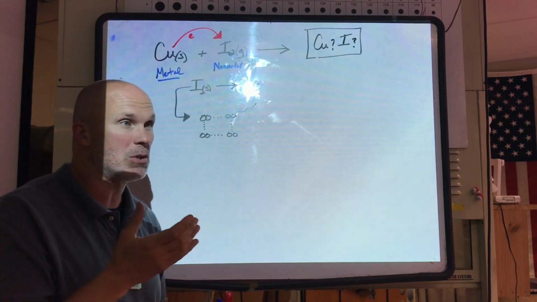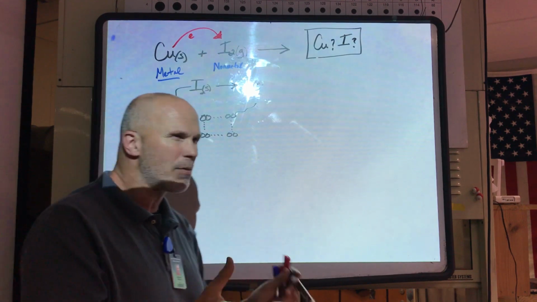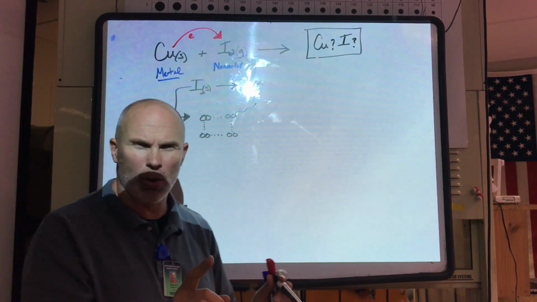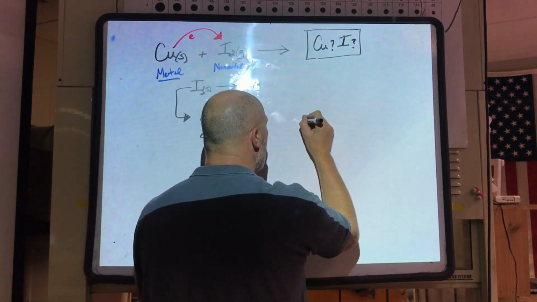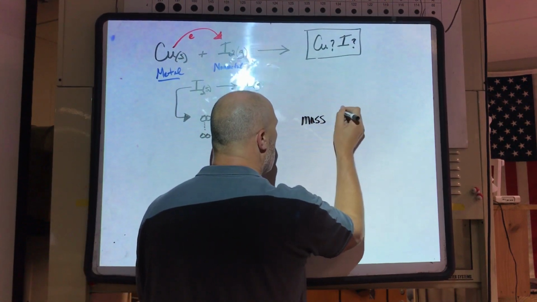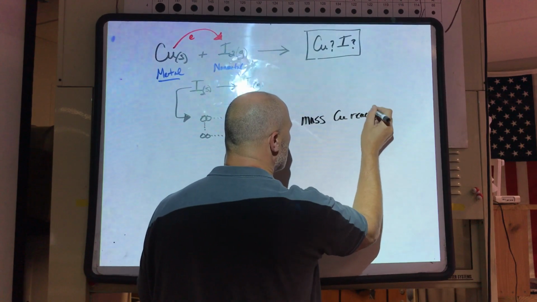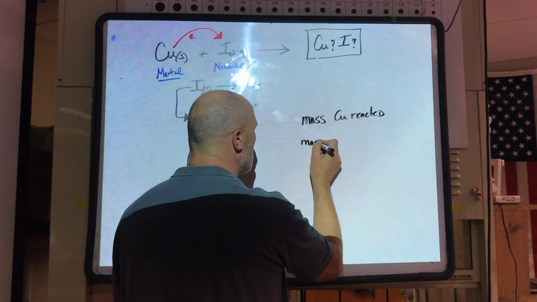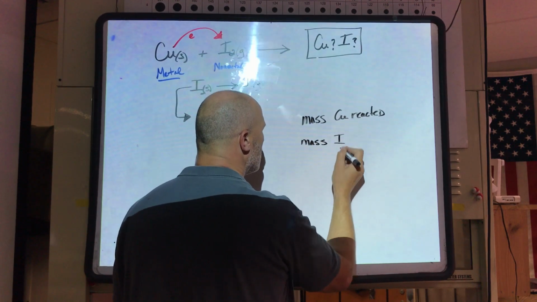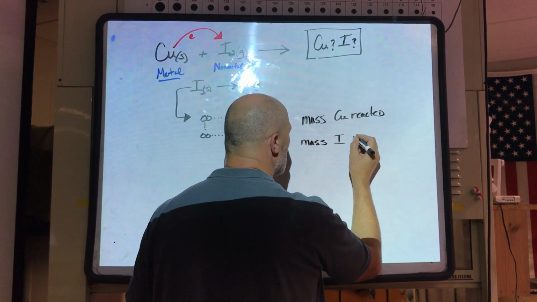So always thinking what we do last, we need to divide by the moles. To get moles, we need grams. And there is your key. We need the mass of the copper that's reacted, and we need the mass of the iodine atoms that are reacted.